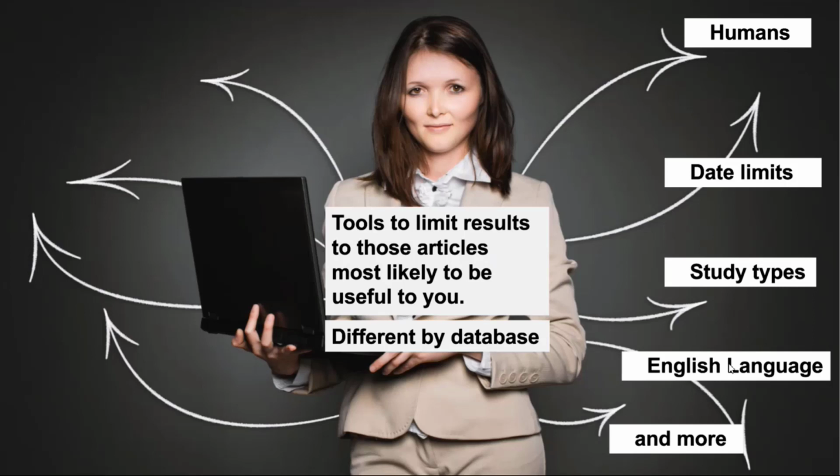And also we'll talk a little bit about which ones are most useful and which ones you should generally avoid. They are different by database, so the filters that you find in Ovid Medline aren't necessarily going to be available to you in all of the other databases, but most databases have some kind of filters that you can use.